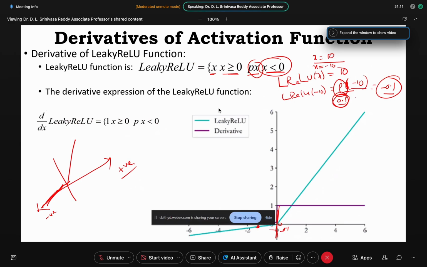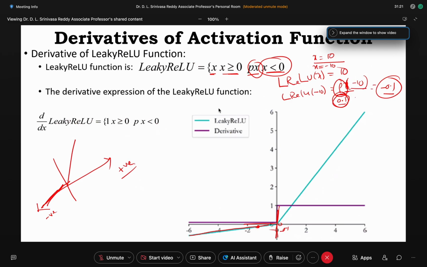That's why we can see this deviation from the x-axis for the negative part of the input, with small values, not all zeros. So the range is also minus infinity to infinity, and its domain is also minus infinity to infinity. What is the derivative of this?